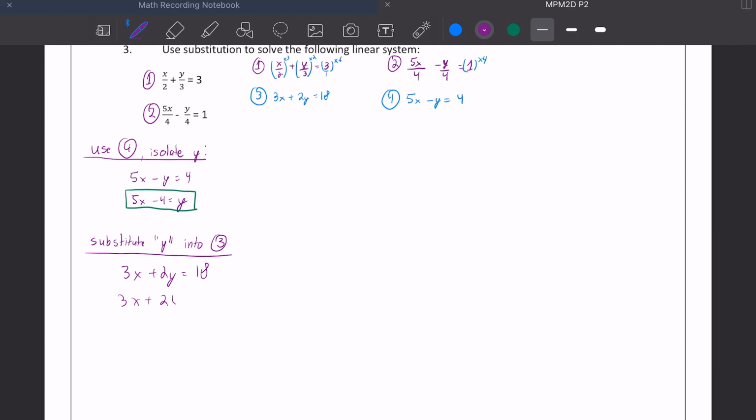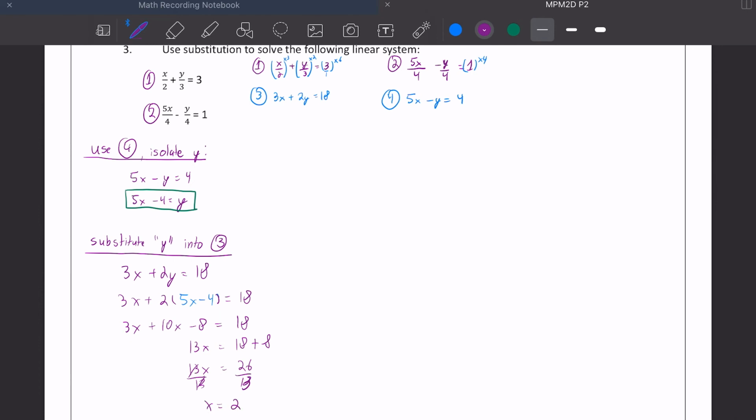So in our brackets now, we're going to put the 5x minus 4, and that equals 18. So we're going to expand out and solve. Collect like terms. Isolate the x now. These two cancel each other out. And we got 2 for x.